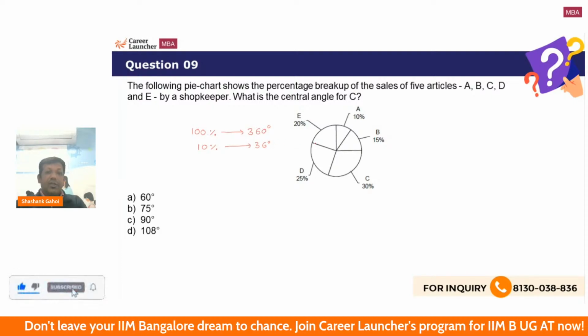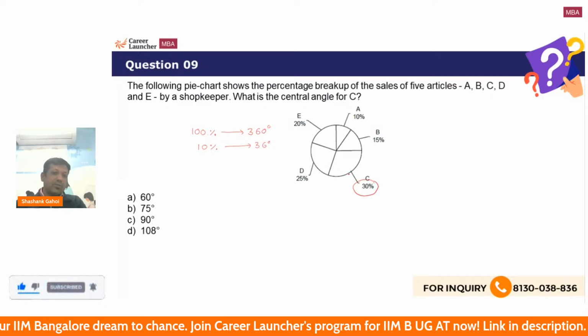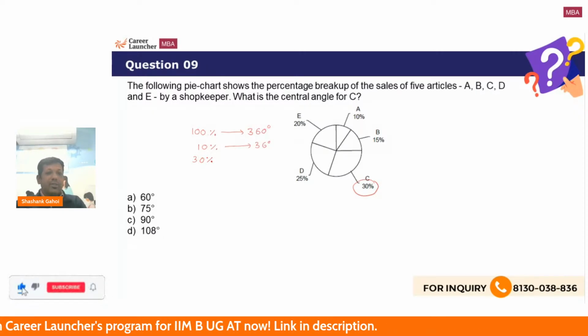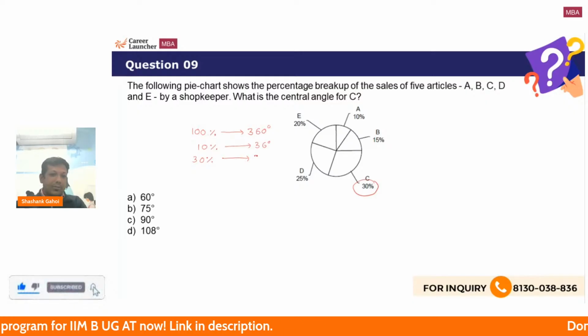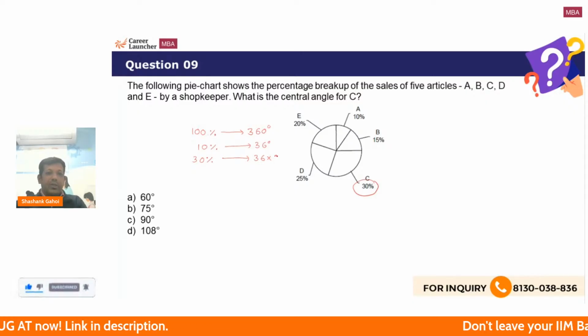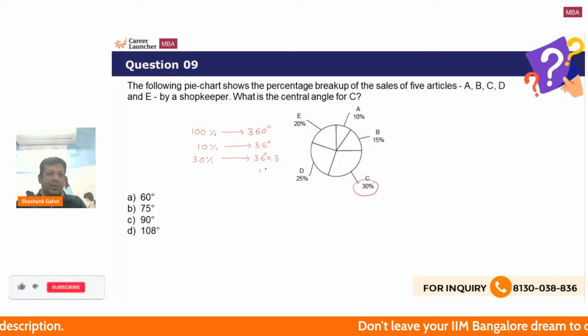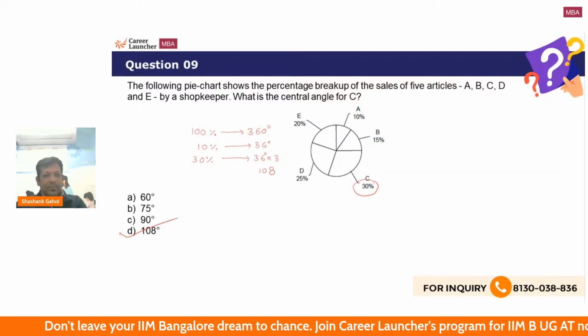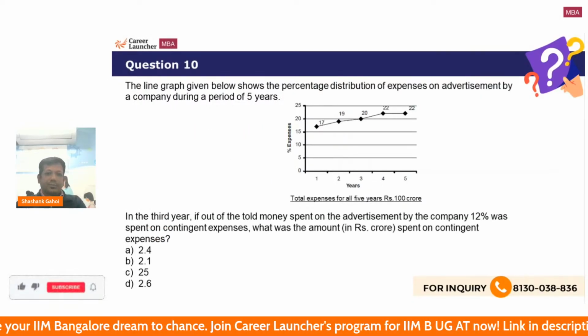For C, what is the angle we are talking about? 30%. So 10% is 36. So what is 30%? So 30% is simply going to be 36 into 3. Now 36 into 3 comes out to be 108. So the answer of this question comes out to be option D. That is 108 degrees. This one.